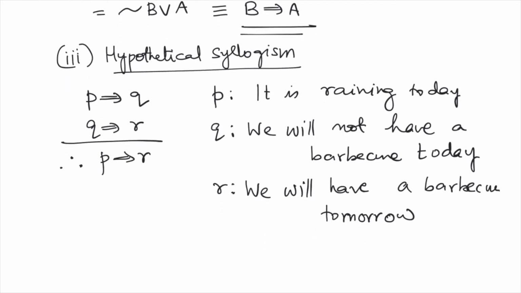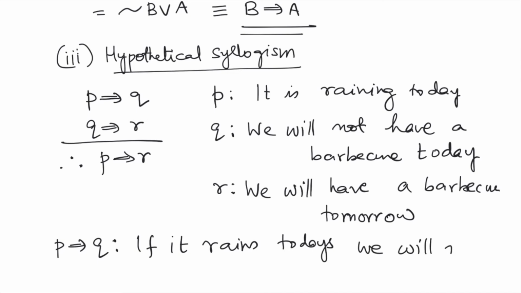Now suppose we have P implies Q, so it means it is raining implies we will not have a barbecue today. So P implies Q is equivalent to saying if it rains today, we will not have a barbecue today.